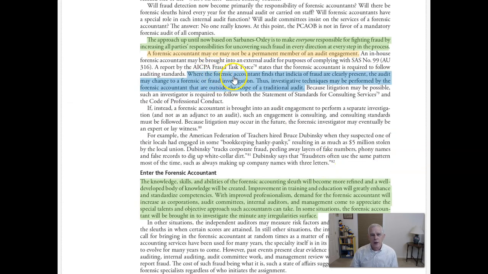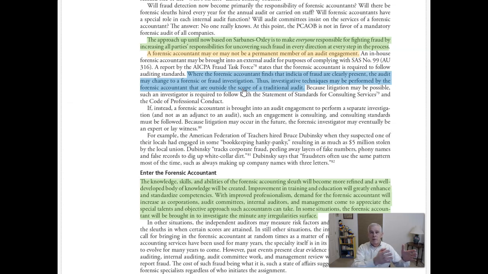Also, for outside audits, where the forensic accountant finds that there's fraud probably present, the audit may change to a forensic or fraud examination. So if you had a regular financial statement audit going on, and then you start running into possible or actual fraud, that could change the scope of that investigation.